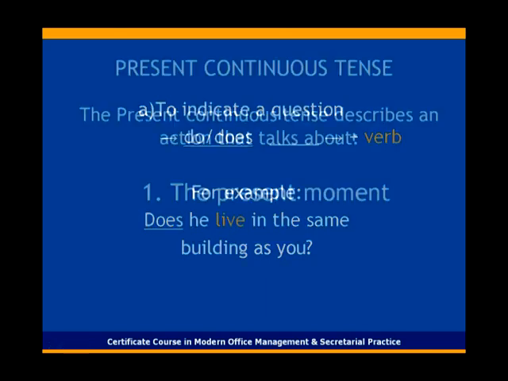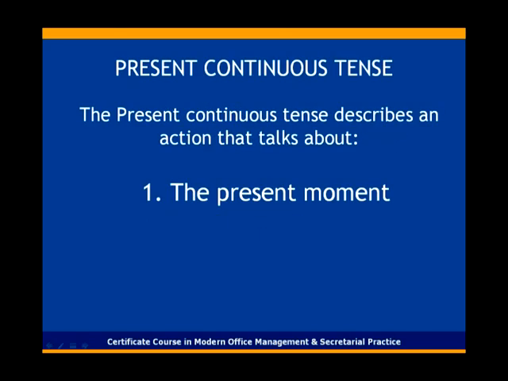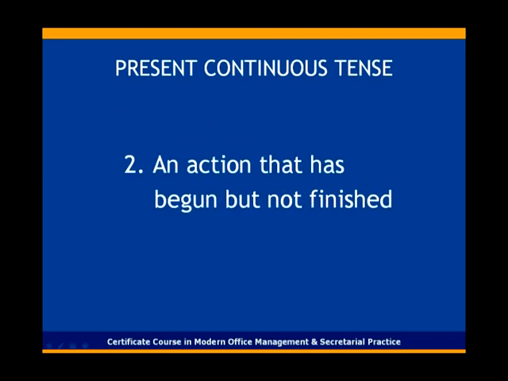Now let's understand the present continuous tense. The present continuous tense relates to an action that is happening now. It describes an action that talks about the present moment, an action that has begun but not finished, and a changing situation.